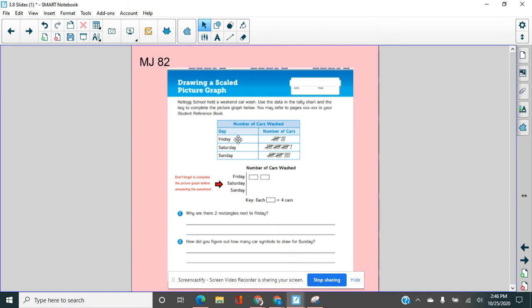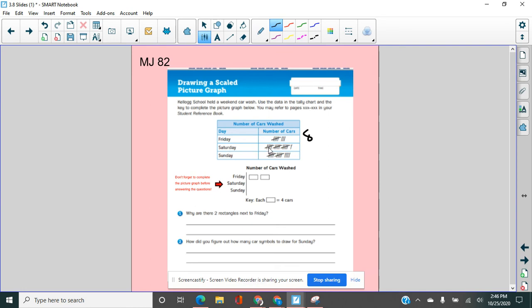So look at this. So Friday had 5, 6, 7, 8, and I'm going to recommend that we write how many there are over here. So 8. We can look at the key and find out that this time, each rectangle equals 4 cars. So Friday, this is worth 4, and this is worth 4. 4 plus 4 is 8.